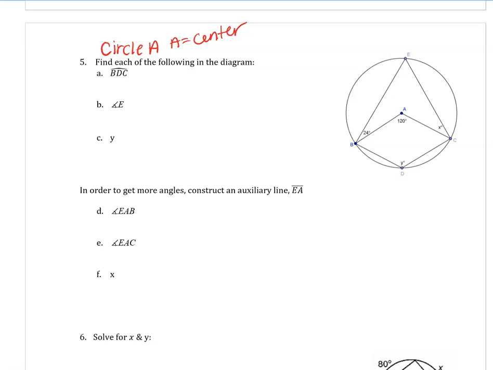First thing it wants me to find is the measure of arc BDC. If I take endpoints B and C and trace it back, you will find a central angle. As we know, central angles are equal to the arc they intercept. So I know that arc BDC would be 120 degrees.